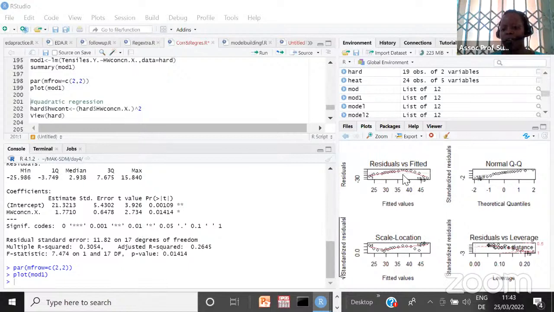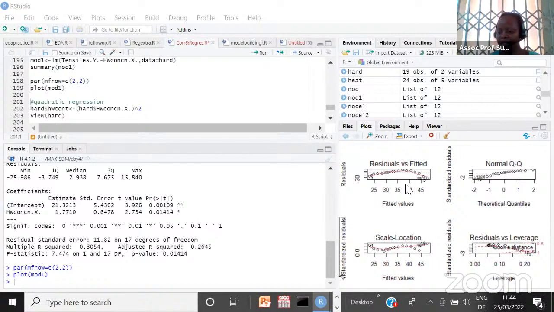Okay, so if you look at the residual plots on your screen, the residuals versus fitted values shows us that the residuals are increasing with fitted values, indicating that there's no constant variance. When we look at the normal probability plot, the values are not falling on the blue line. We have non-normality there.